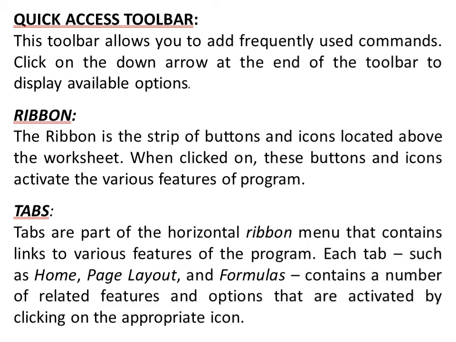Third one is tab or tabs. Tabs are a part of ribbon. If you see the ribbon, you can identify the different tabs like home, page layout, formulas, etc. And each tab contains groups, and each group contains different types of commands or options.